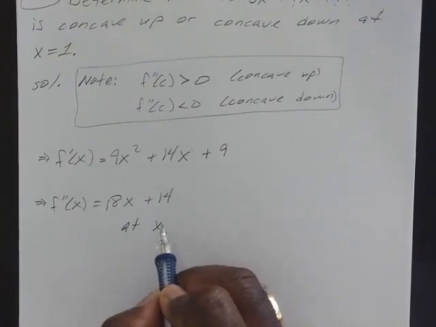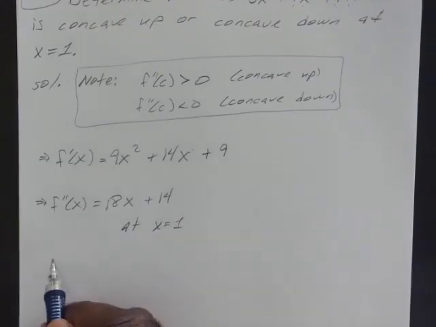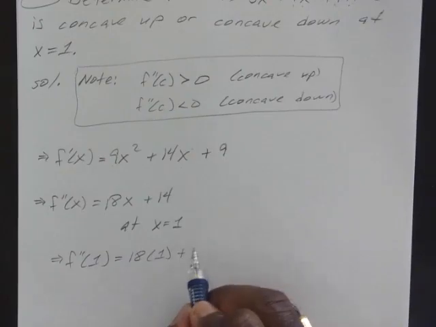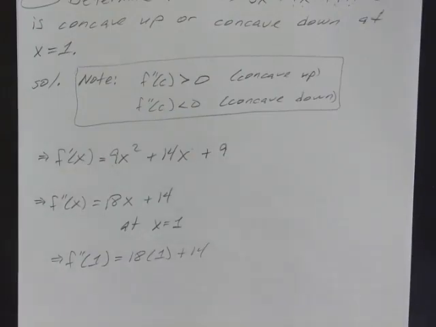Okay, now at x is equal to 1, our second derivative at 1 is just 18 times 1 plus 14, which is 32.